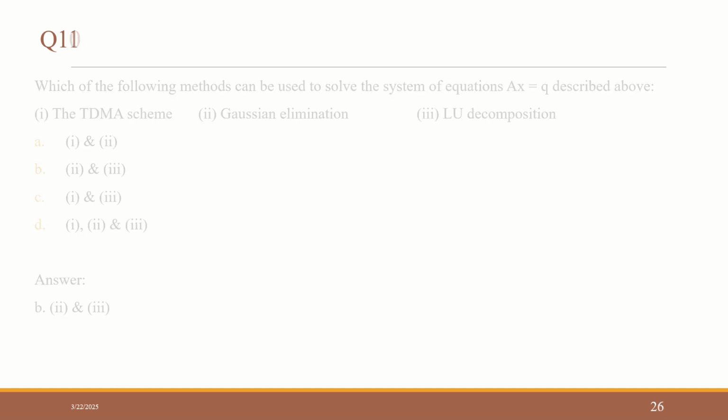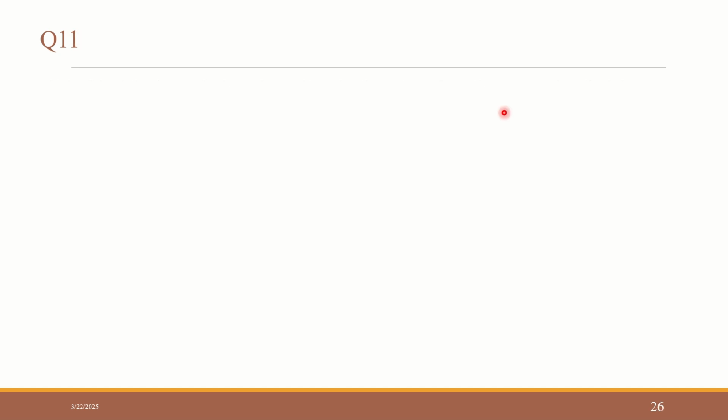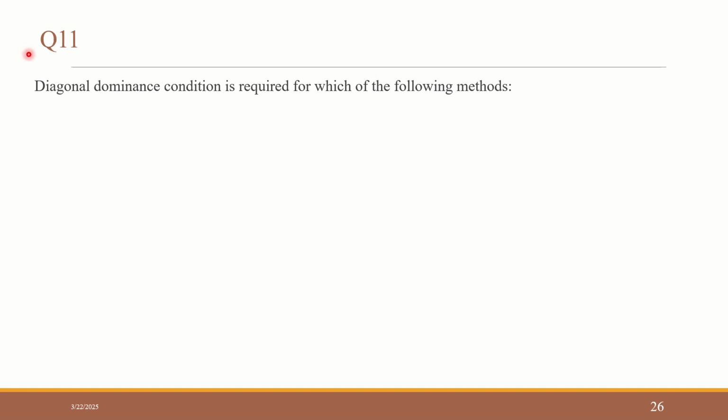Now coming back, we have question 11. In question 11: diagonal dominance condition is required for which of the following methods? Option A, Gauss-Seidel. Second one, LU decomposition. Third one, TDMA, the tridiagonal matrix algorithm.